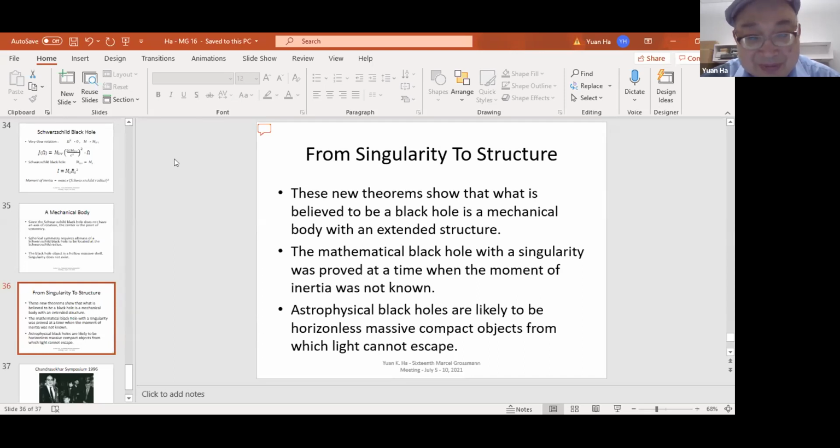That seems to be right, but the equations which I showed are exact. So how would you explain the presence of the moment of inertia then, if there's nothing at the horizon?